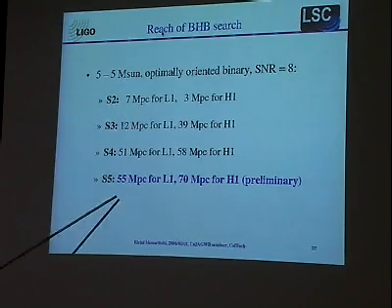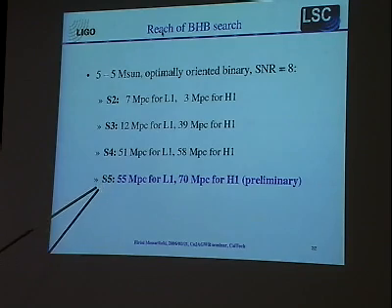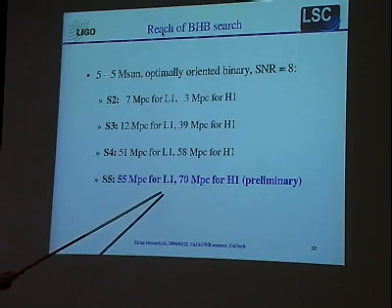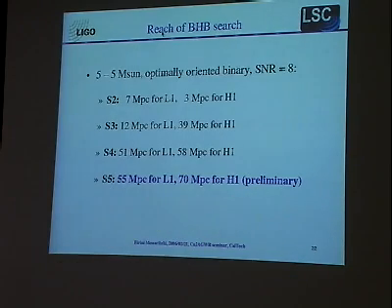You can see that this has improved very much, and for the first 2 months of S5, which were from November 14th to January 15th, the same numbers are 55 megaparsecs for Livingston and 70 for H1. And I'm making a note that this is preliminary because the data has improved since then, so this actually may be a bit better for S5.